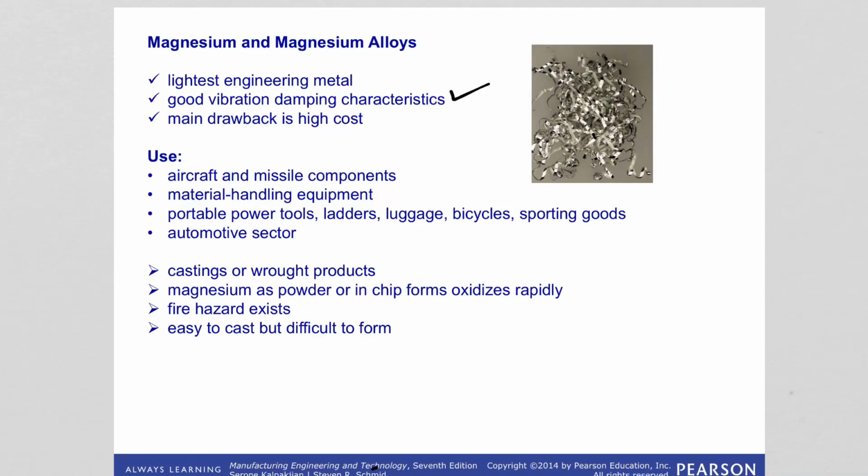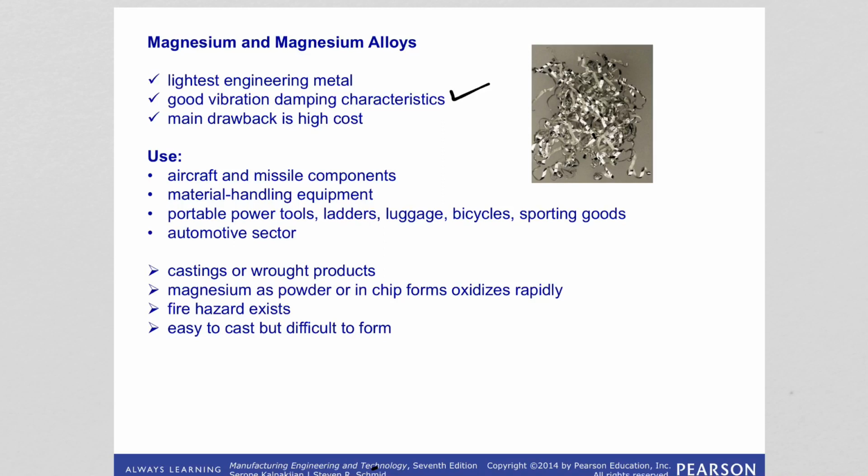So magnesium alloys are available as castings, meaning directly shaped from the molten metal, or as wrought products, right? So for example, extrusion, rolling, as I said to you guys.